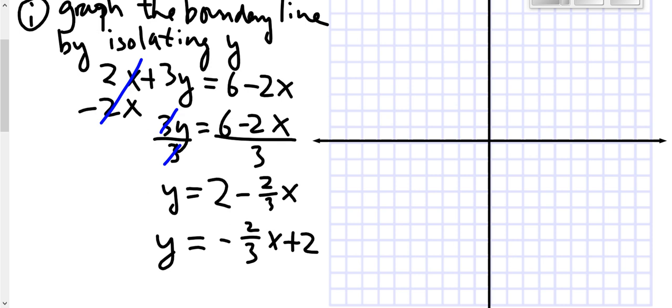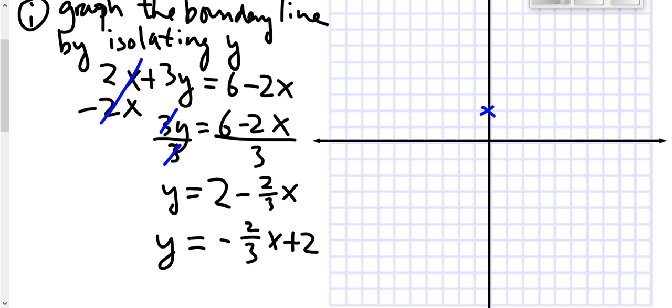In this case, why do we want to do it this way? Because in this case, you have the slope-intercept form. So having the slope-intercept form, that's handy, because hope you all still remember that. That means we have the y-intercept of 2. So when x is 0, y is 2.